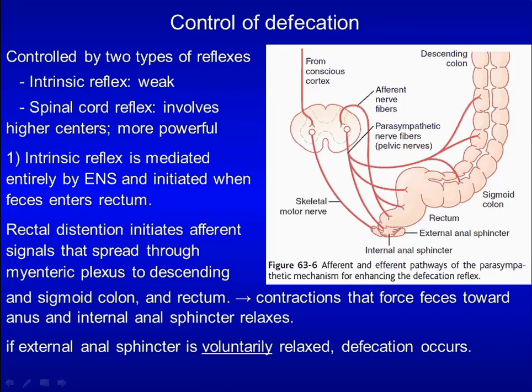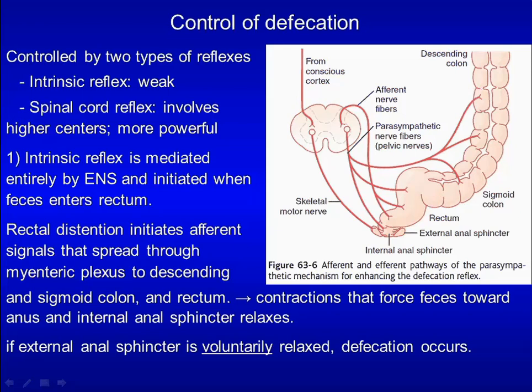The intrinsic reflex is mediated entirely by the enteric nervous system and initiated when feces enter the rectum. Rectal distension initiates efferent signals that spread through the myenteric plexus to the descending colon, sigmoid colon, and rectum.